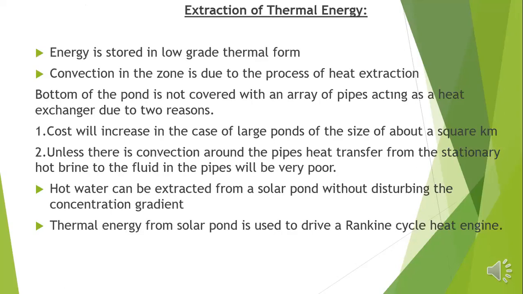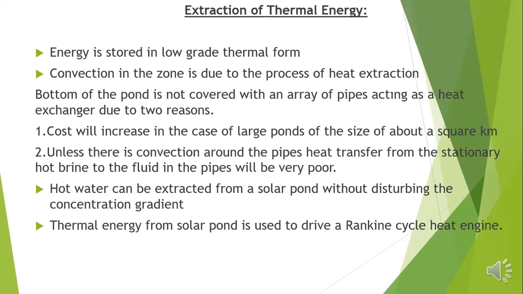This is the explanation about the extraction of thermal energy. With the use of solar ponds we can get thermal electricity. This process is called the extraction of thermal energy. Energy is stored in low grade thermal form in the lower convective zone.